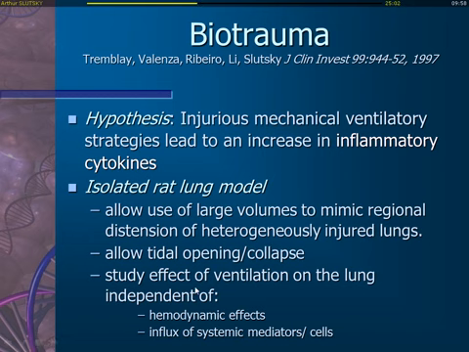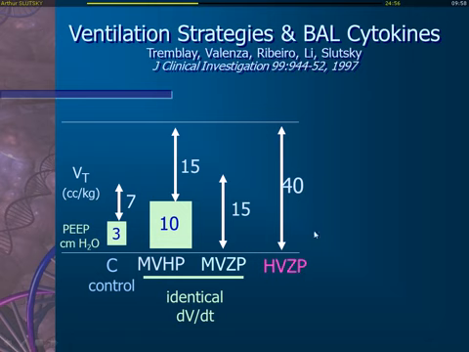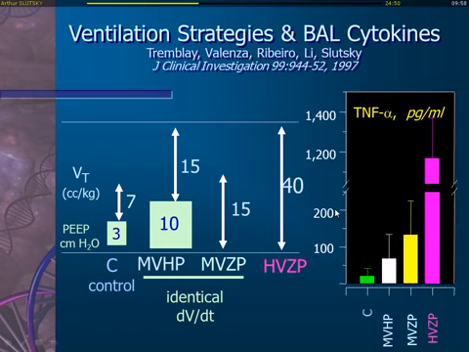And for this, we used that isolated rat lung model, the video I showed you, for a number of reasons. I won't go into the details, but we used 4 ventilatory strategies. After 2 hours of ventilation, we looked at a number of cytokines. I'm just showing you tumor necrosis factor alpha, a key mediator in the sepsis cascade. And you can see that under control conditions, lung lavage, cytokines are very low.